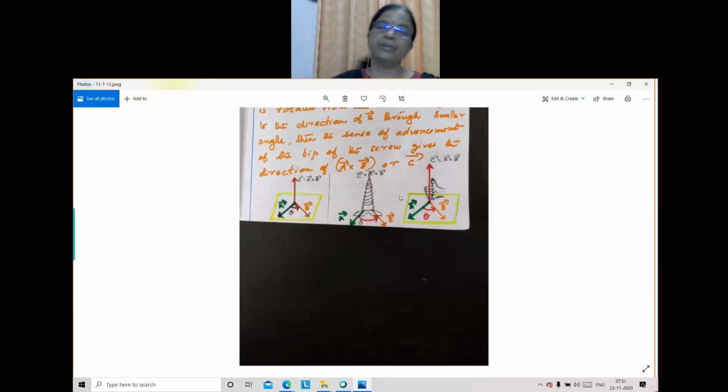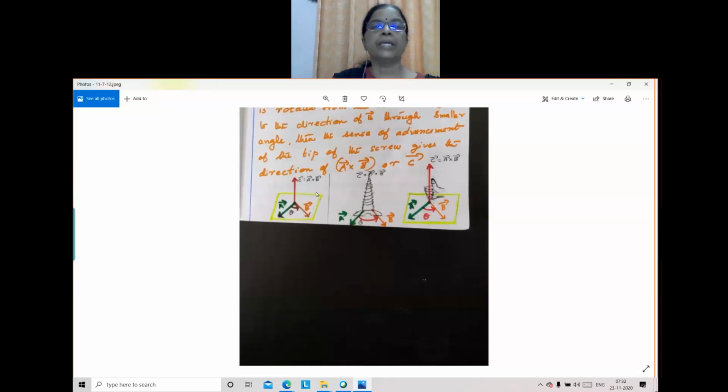A cross B equal to AB sin theta. And is it a scalar or vector? Vector, ma'am. This is a vector. And in order to know the direction, we use the right-handed corkscrew rule or the right-hand thumb rule.